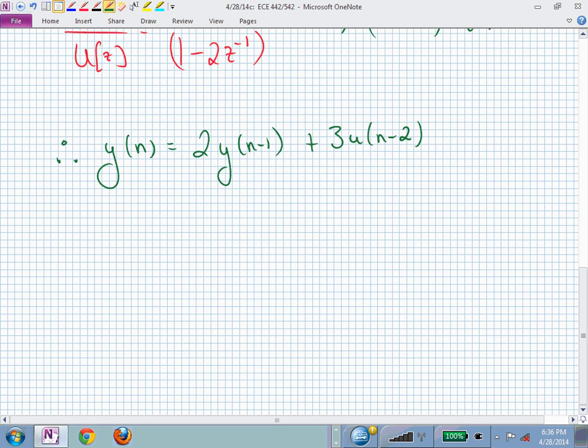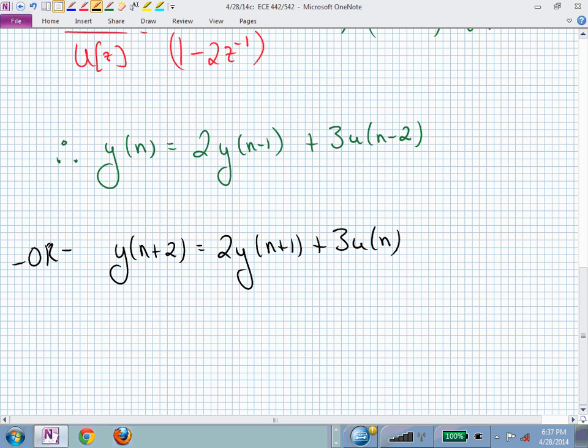You could think of this in that form, or you could say, you know what? That's equivalent. If I simply adjusted each of these arguments of the time by 2, I could write that as y of n plus 2 equaling 2 y of n plus 1 plus 3 u of n. Is that okay? That's exactly the same dynamic system.